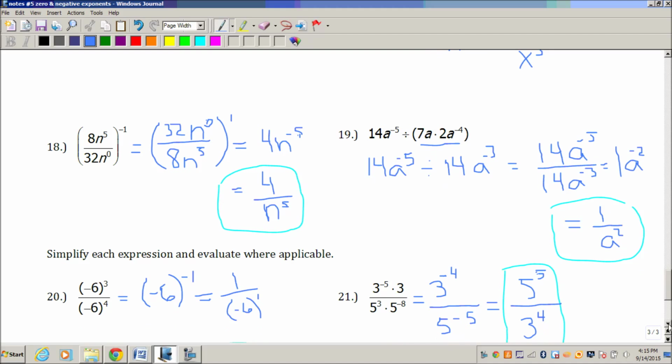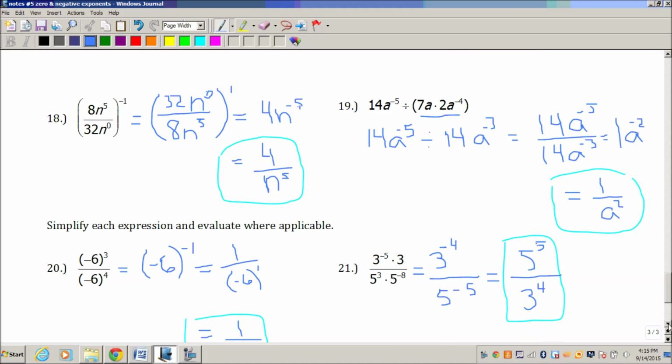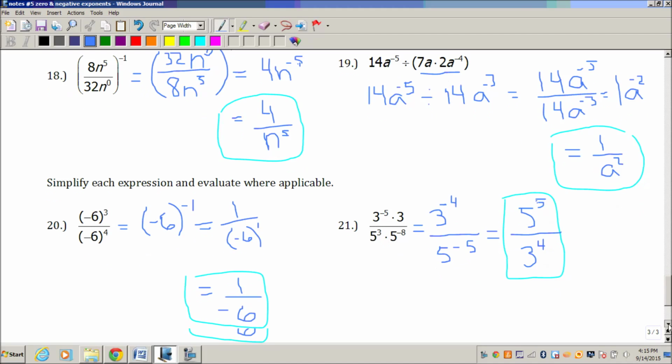And then finally, number 20 and 21. I simply used the power and quotient rules. Here, when you divide like bases, you subtract the exponents. I ended up with negative 6 to the negative 1 power, which tells me I take the reciprocal of the base, which is just 1 over negative 6, or negative 1/6.